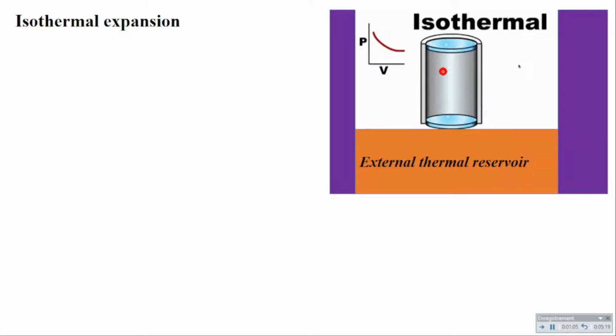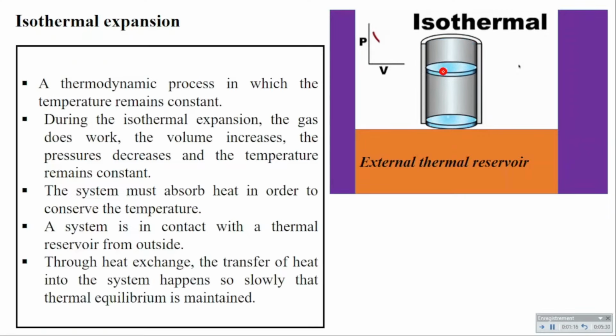Now, if the volume is increasing and the pressure is decreasing, that means the temperature also would have to decrease. That is the reason why we put an external thermal reservoir, so that the temperature can be kept constant. The external thermal reservoir makes sure that the temperature is compensated.